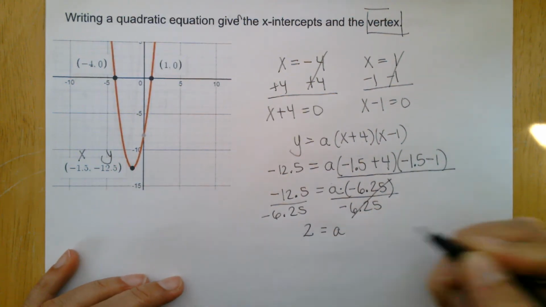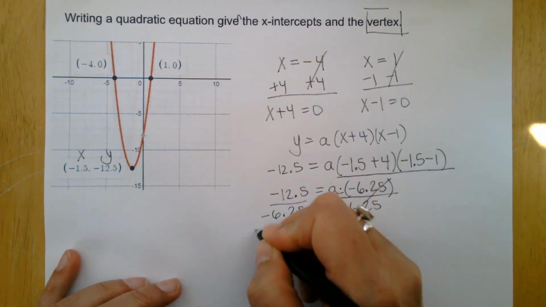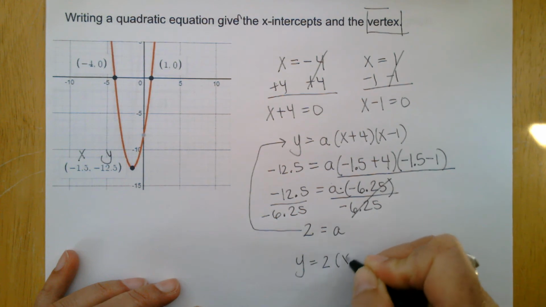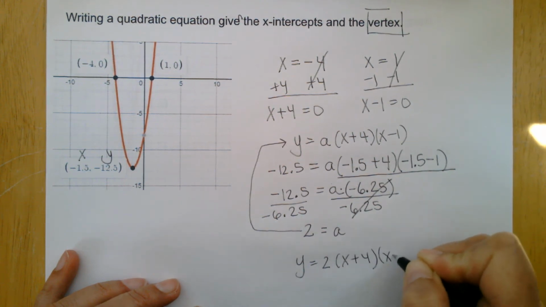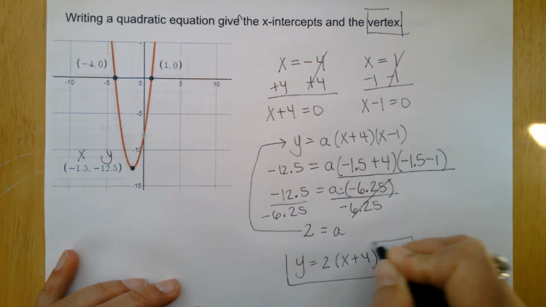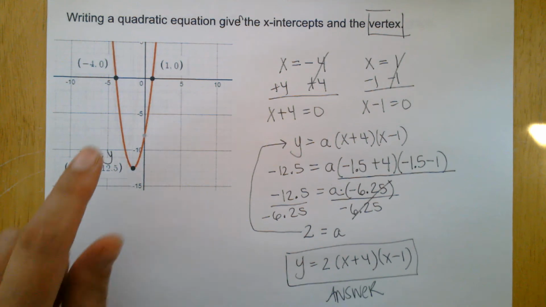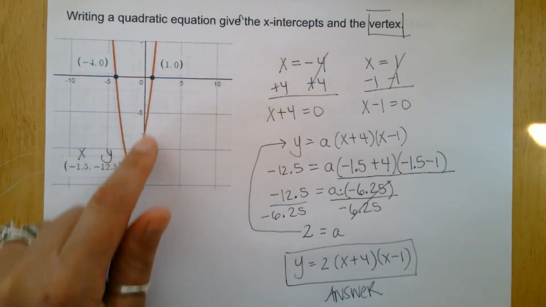So a equals 2. Going back to that third step, y equals 2, x plus 4, x minus 1. Here is your answer. And you will notice that it's the same exact graph.